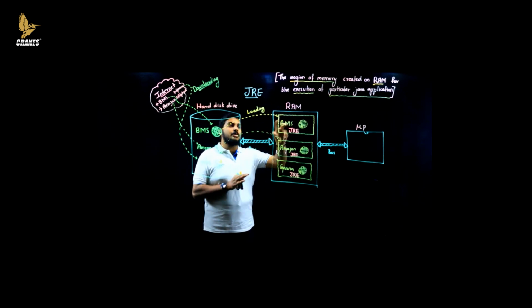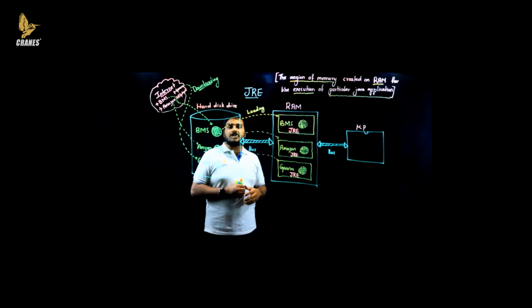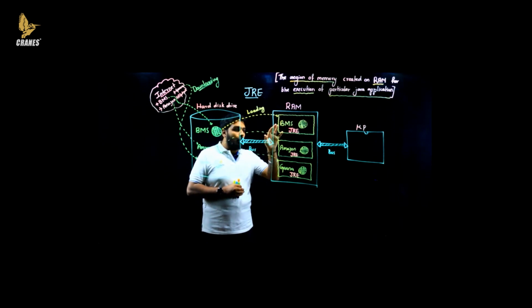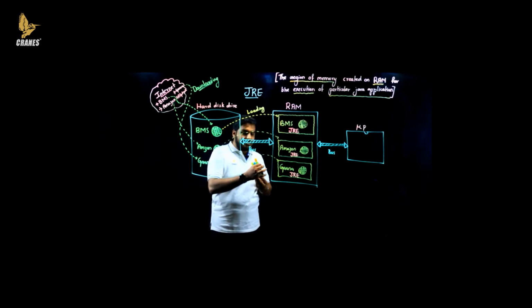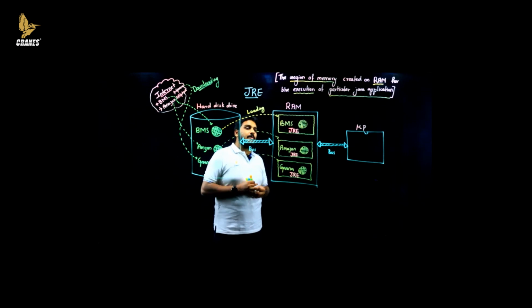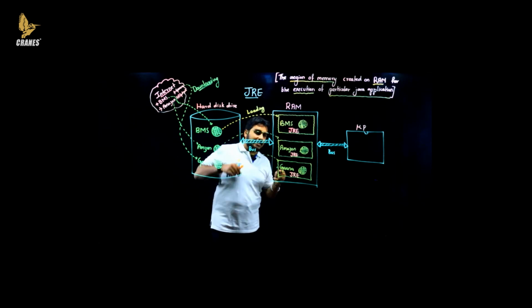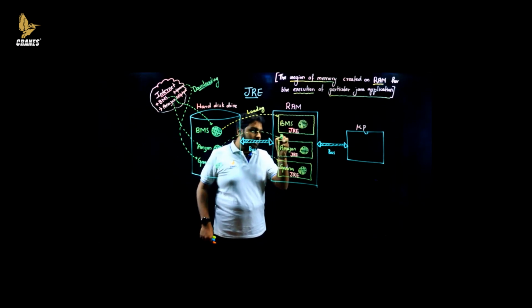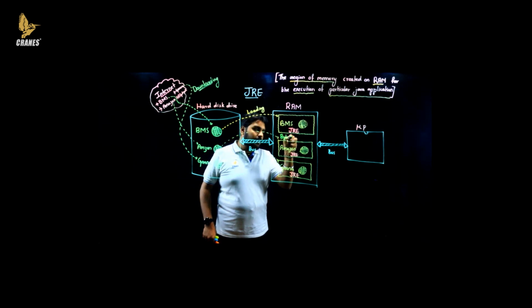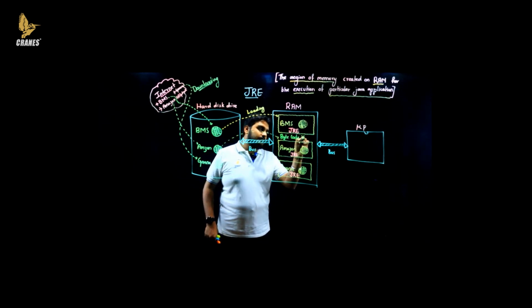I should not be able to relate both those data, and neither should the application. So in order to avoid that, there is one more person sitting in between us. Who is that? That is your bytecode verifier.